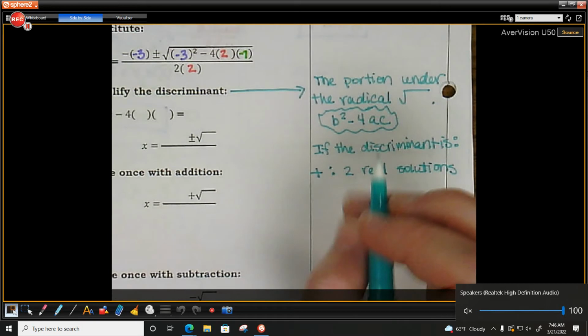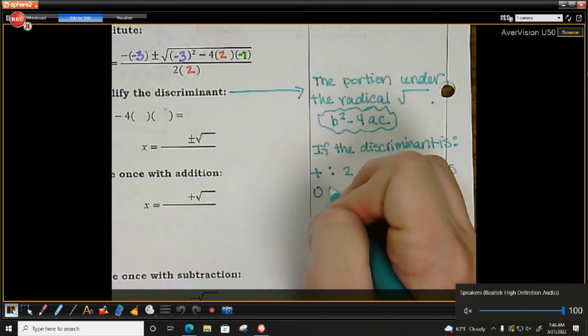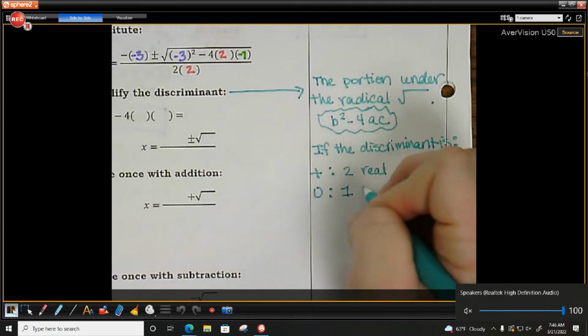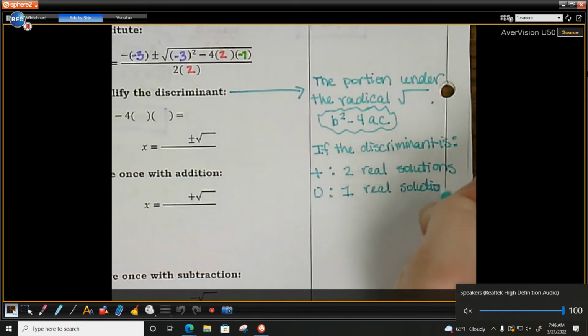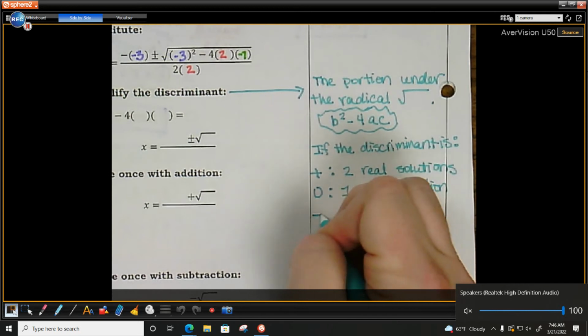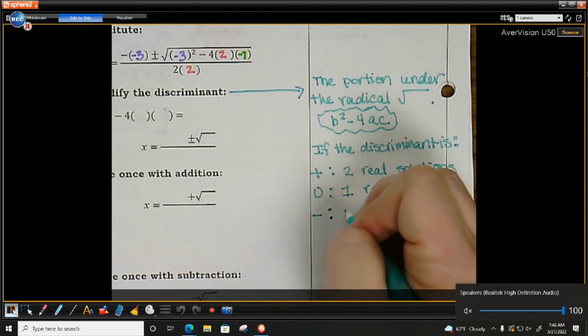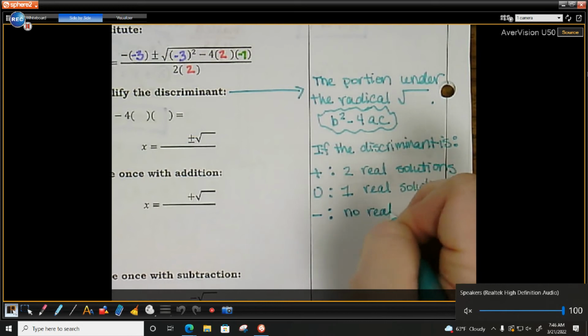If the discriminant is 0, you have one real solution. And if the discriminant is negative, then you have no real solutions.